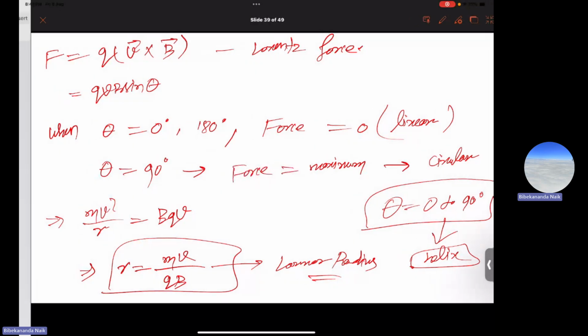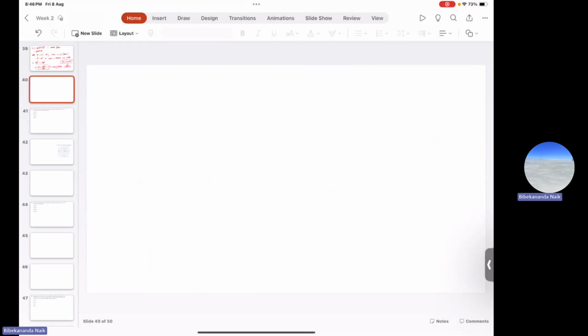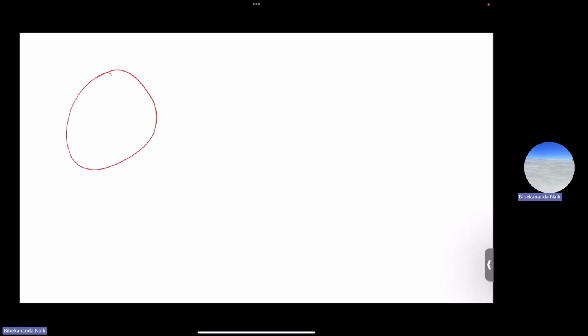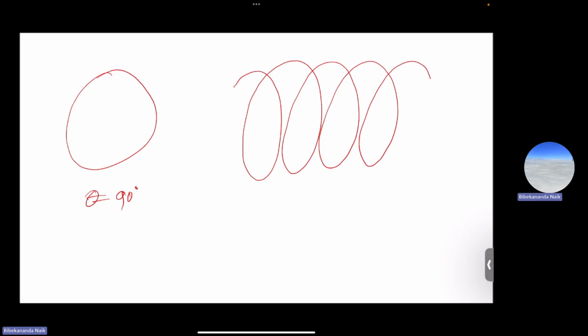If we want to see this, suppose this is the circle when theta is 90 degrees, but when theta is not 90 degrees, it will be like this. So this point will move in a linear direction. This is called the guiding center.